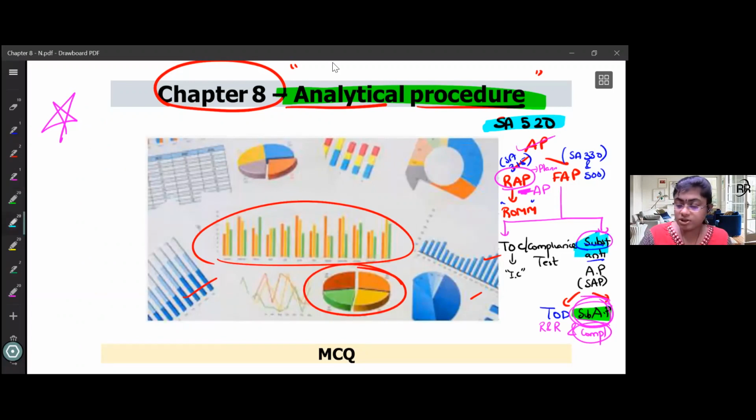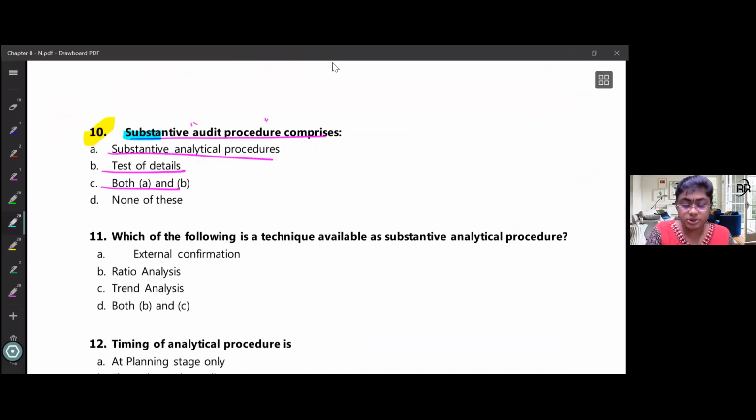Substantive audit procedure consists of test of detail as well as the substantive analytical procedure. We discussed that, right? Now see what they have asked you. Substantive audit procedure comprises of TOD and analytical. So the answer is both, B and C.